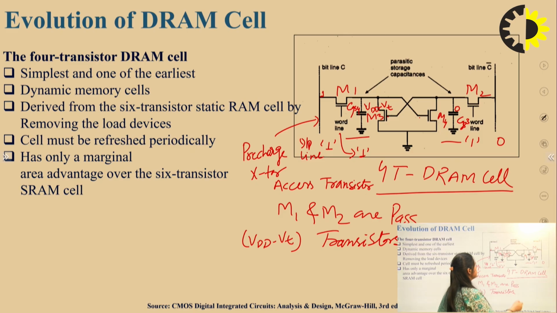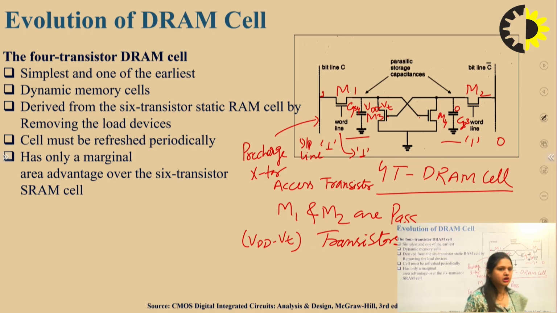Now you can see that this one bit is written over there. And you can read also with the help of the same diagram, by seeing which transistor is on and which transistor is off. So this is how you can store, or write, 0 or 1 in the 4T DRAM cell.